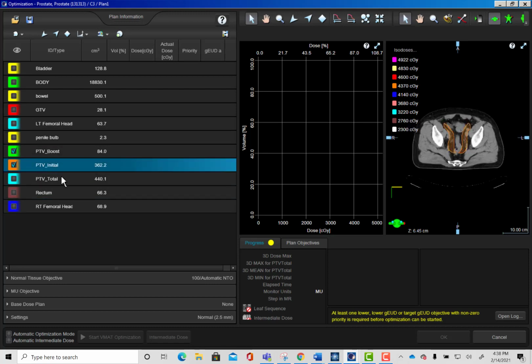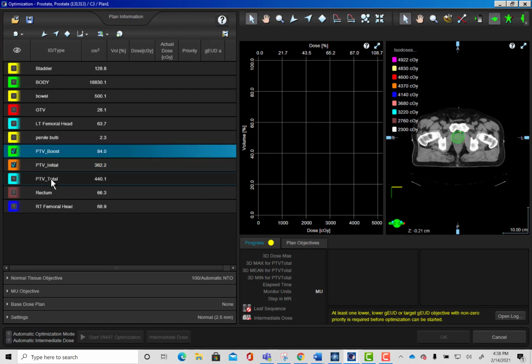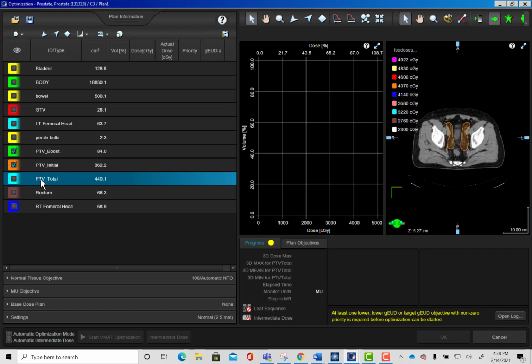Okay, so the reason why I'm going to use both these initial volumes to plan with is the problem if you only use a PTV total volume like this is I could get 95% coverage on this bigger PTV total volume, but in reality I could be cold.